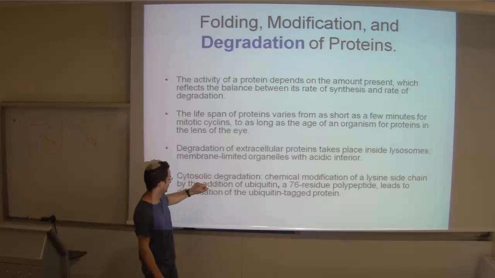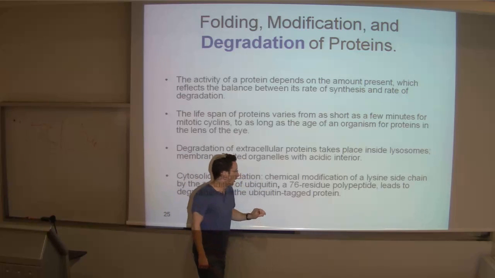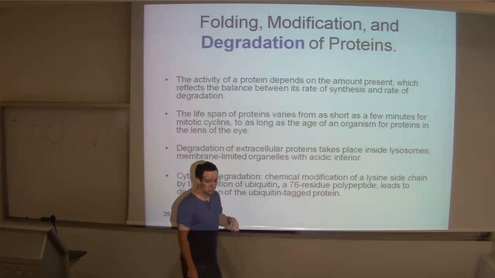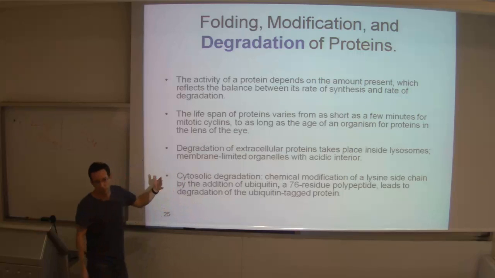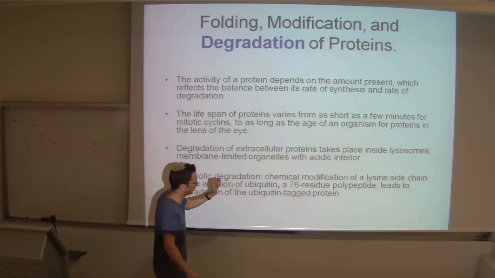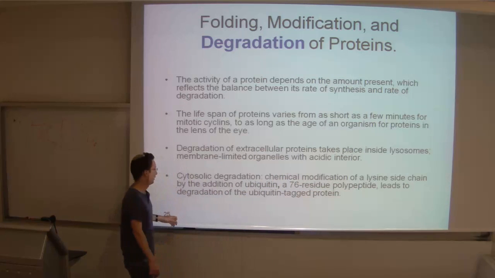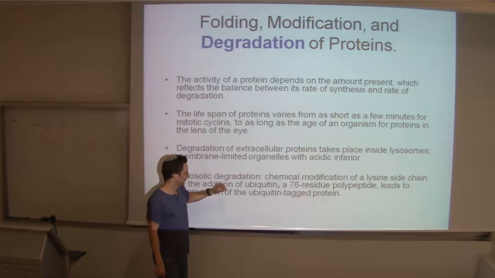For cytosolic proteins, the degradation occurs via the process of ubiquitination, which is another chemical modification from the bunch of modifications we've already introduced. Here we're talking about a modification that happens on a lysine side chain, and the modification itself is adding a molecule called ubiquitin.